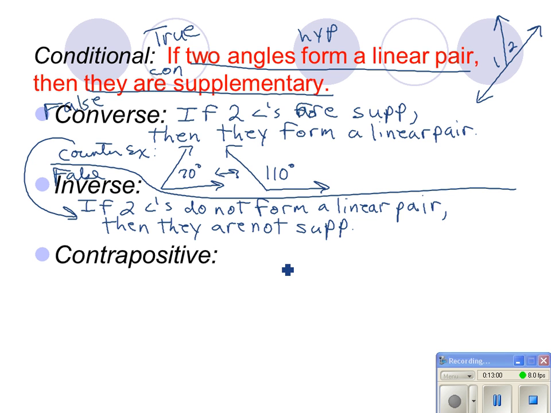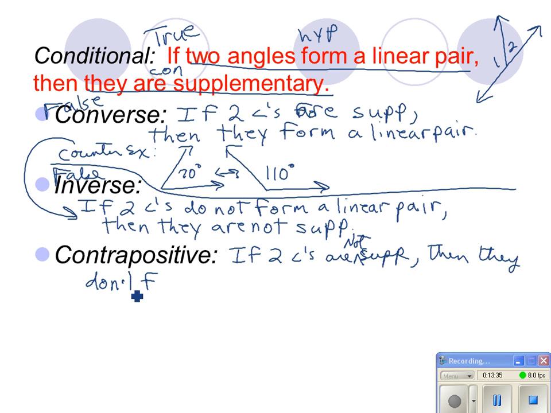So it's going to say, if two angles are not supplementary, then they do not form a linear pair.